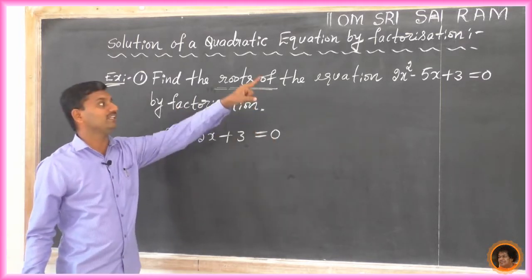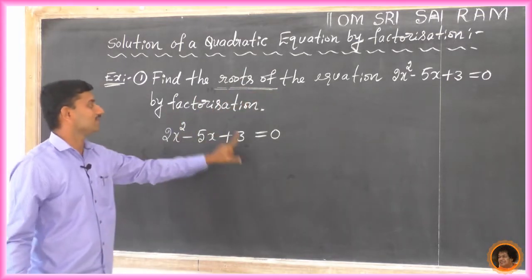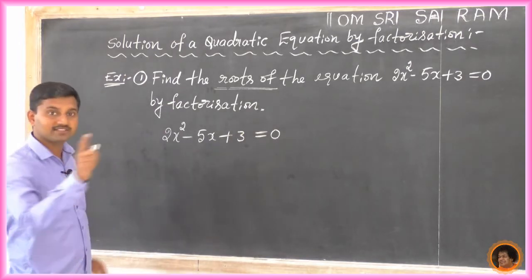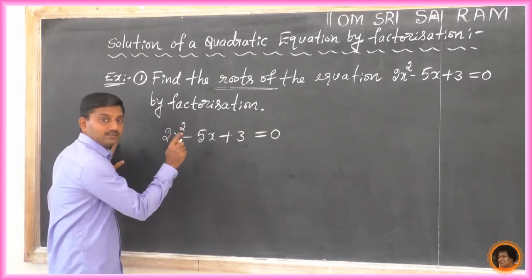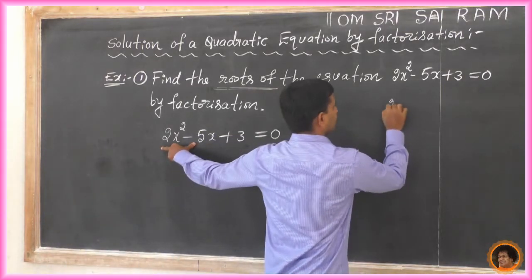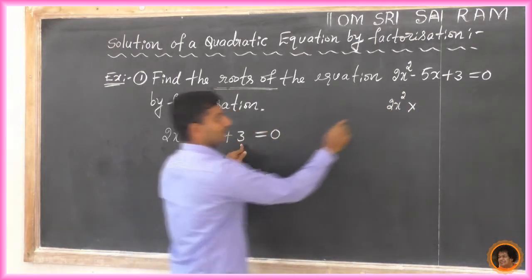The given equation 2x square minus 5x plus 3 equal to 0 is already in this form. So this is the first step. Next, resolve the factors. Here the first term is 2x square and the last term is 3.